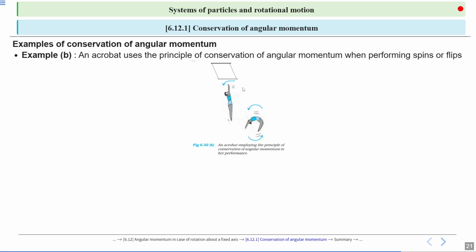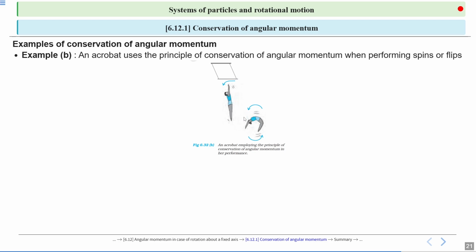Second example, let's talk about an acrobat. An acrobat uses the principles of conservation of angular momentum when performing spins or flips.